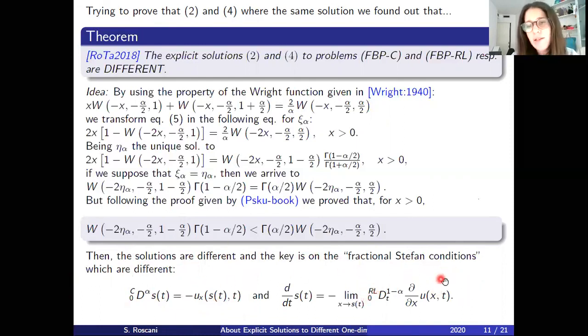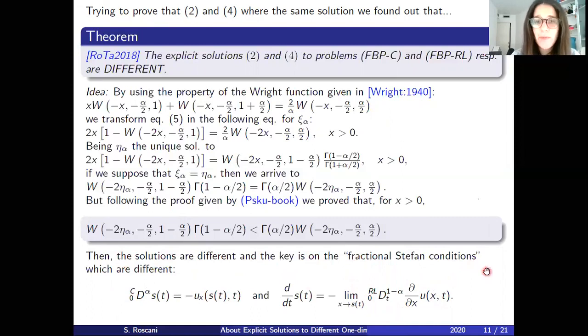But this is a function of space and time. First I apply the Riemann-Liouville derivative, and then I take the limit. If I could interchange the limit here, I could have here the S of t, a function of t, and then I could relate them. But the point is that I cannot interchange the limit and the derivative.